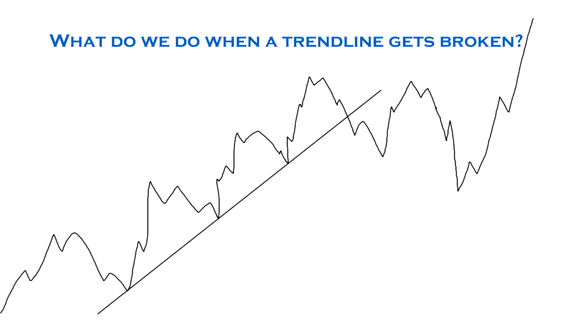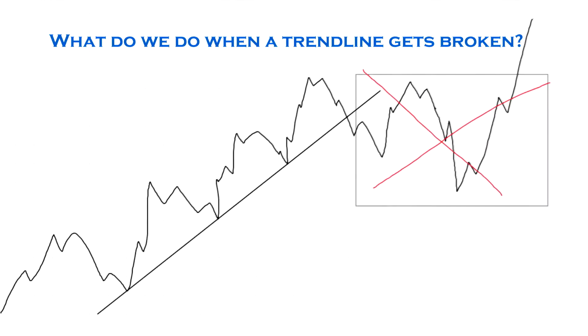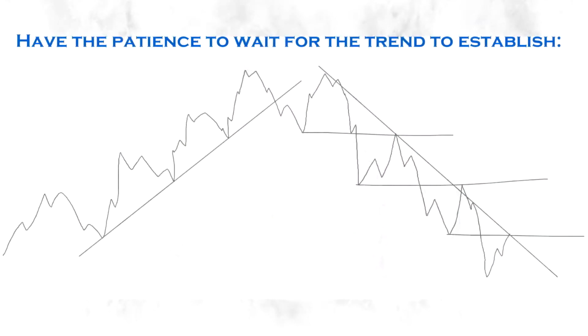What do we do when a trend line gets broken? Well, never buy or sell too fast when a trend line gets broken, alright? Many times you will see the market break the trend line but still continue to move in the overall trend direction after a few moves. Have the patience to wait for the trend to establish.